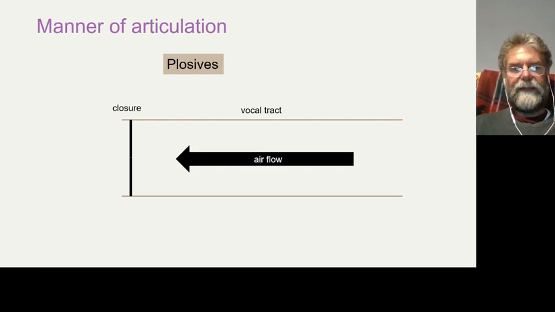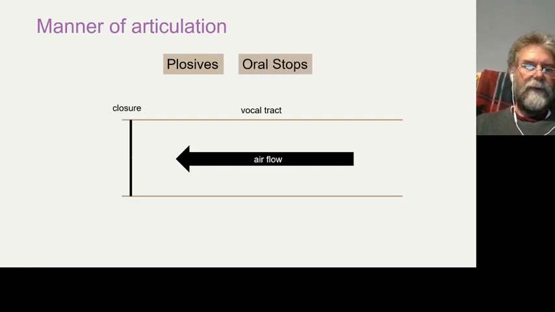You close off that airway. It can be at your lips, or with your tongue touching the roof of your mouth, the alveolar ridge or the velum, or anywhere, as long as you stop the flow of air coming out from your lungs. Because your lungs are breathing out but you've closed the exit for the air, that builds up pressure.